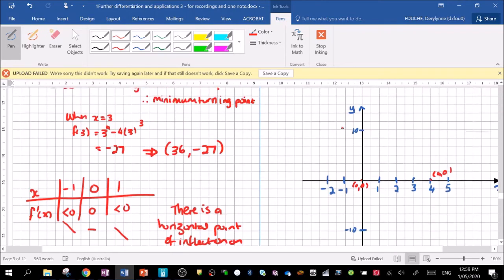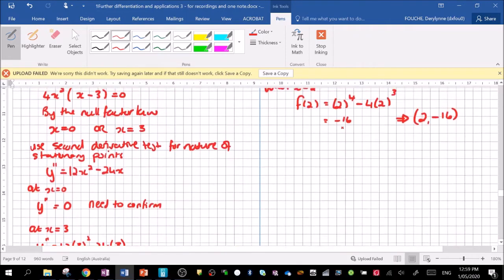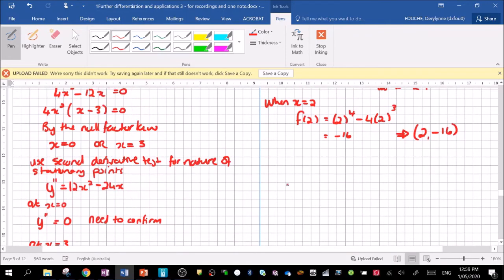And now all I need to do is see what's happening. So as x tends towards positive infinity, I'm going to have a positive to the power of 4, which will be positive, minus 4 times a positive cube, but the positive to the power of 4 takes precedence. So y also tends to positive infinity.